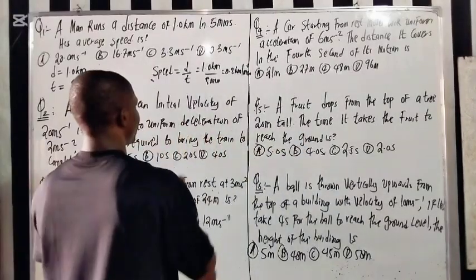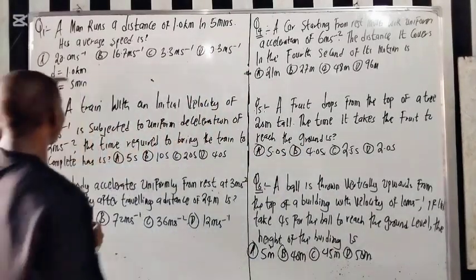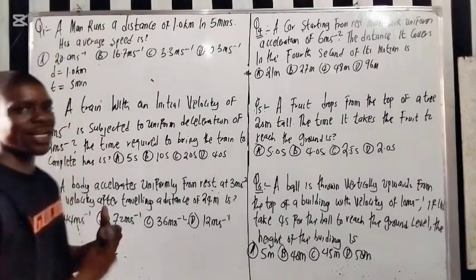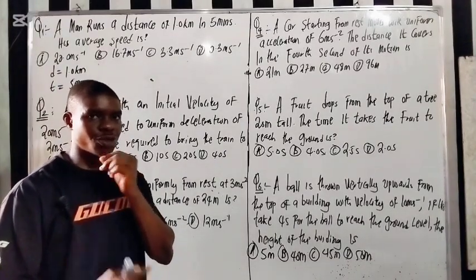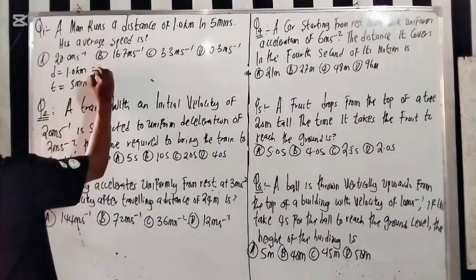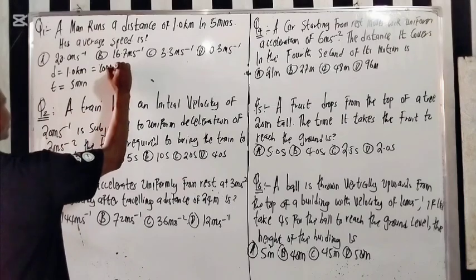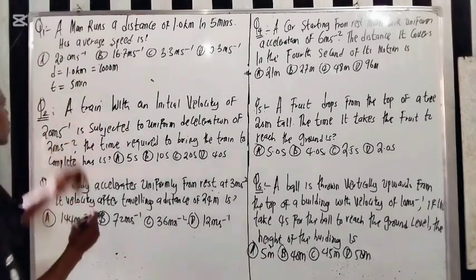To convert kilometers to meters, you multiply by 1000, so 1000 times 10 gives 10000 meters.